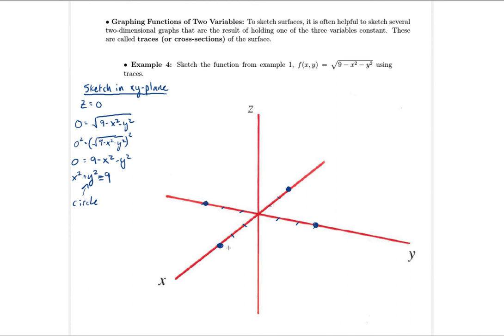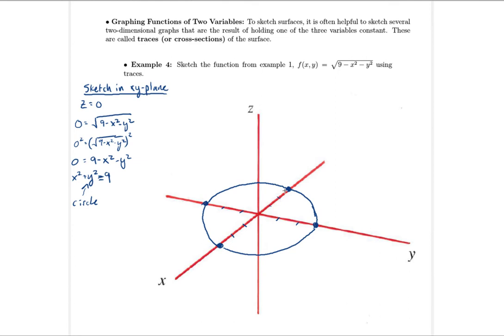Since I know I'm making a circle, I'm going to try my best to make it look like a circle in these places. So what I've just done is graphed what the graph looks like if I was to slice away everything else and just look at the xy plane.